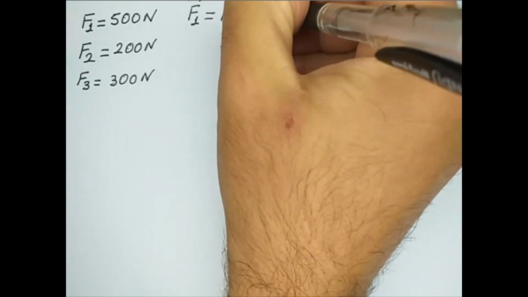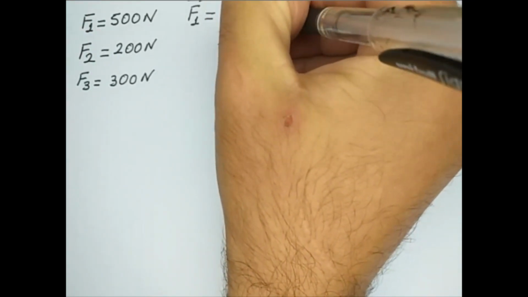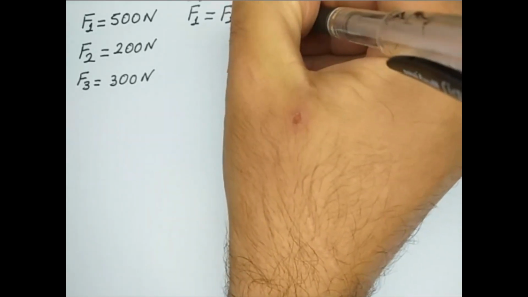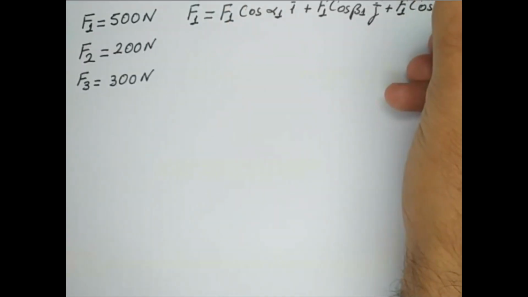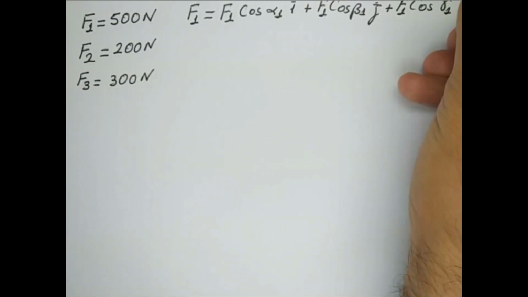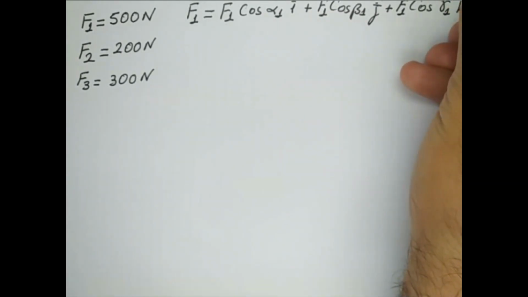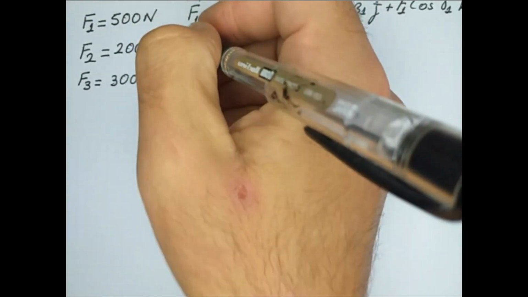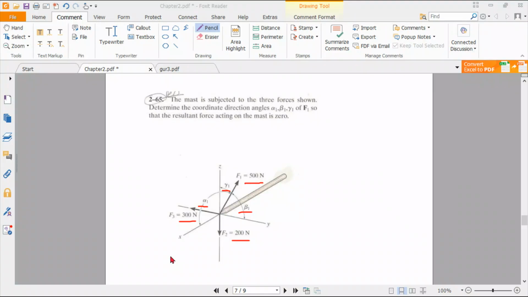Now let's write F2. Now if we look at F2, we see that F2 is just lying on the z-axis and it has negative direction.